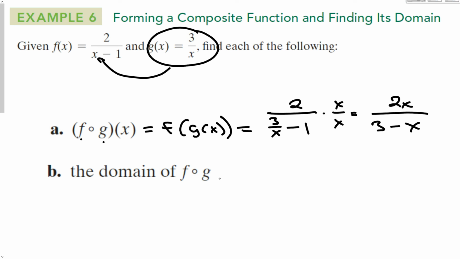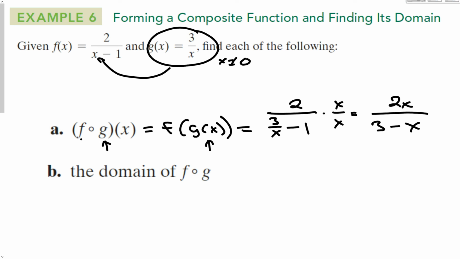Okay, so the domain of this is going to be anything that makes that inside function undefined, that makes g, this first one, undefined. And we can clearly see here that x cannot be equal to 0.